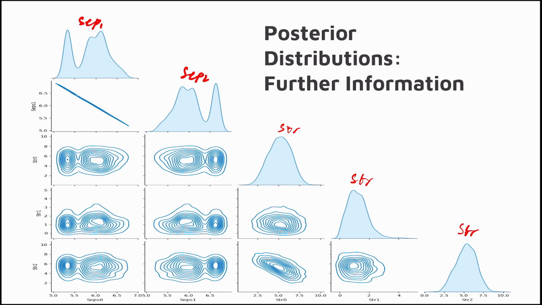But we can also look at how each of these distributions are correlated. So here we actually see a very strong correlation between our two separations. This line tells us that what one separation is has a strong influence on what the other must be.